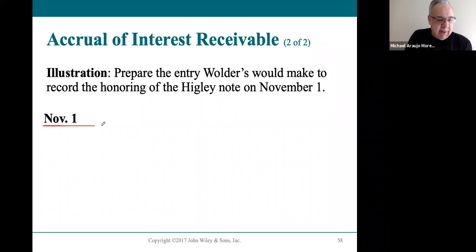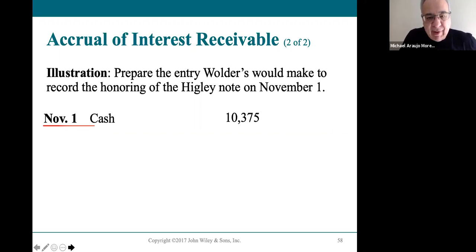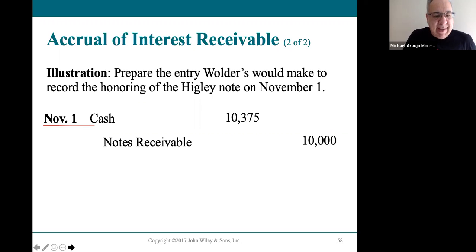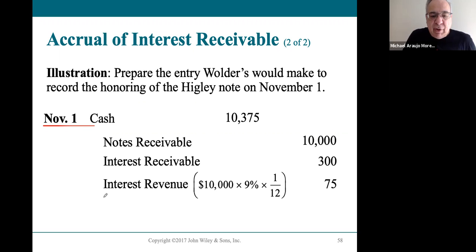Well, nothing much is going to change. They're still going to be getting $10,375 because the calculation hasn't changed. That's how much cash is owed to them that day. $10,000 is for the note. So the notes receivable will be credited to show that that was received. But this is where it does change. $300 of the $375 is interest that they already recorded as revenue last year and set up a receivable for.